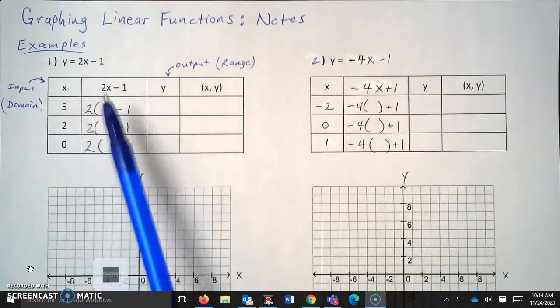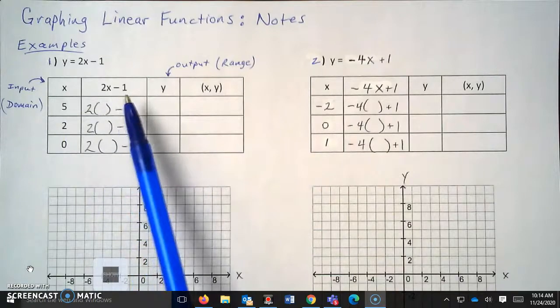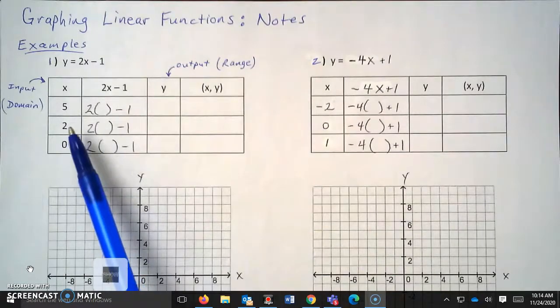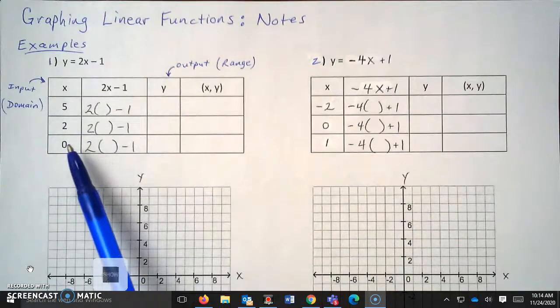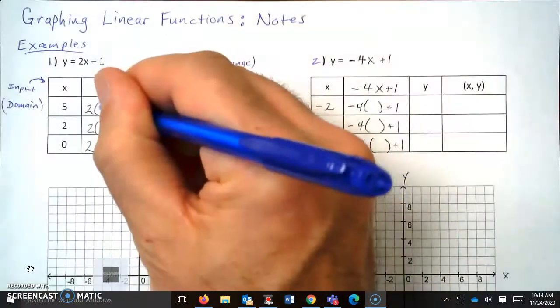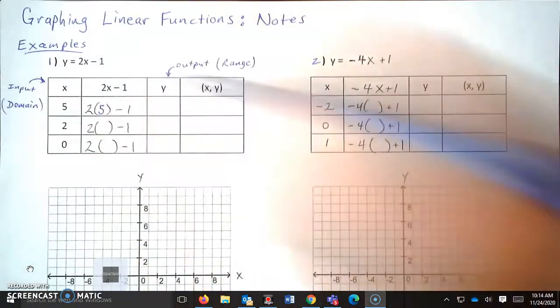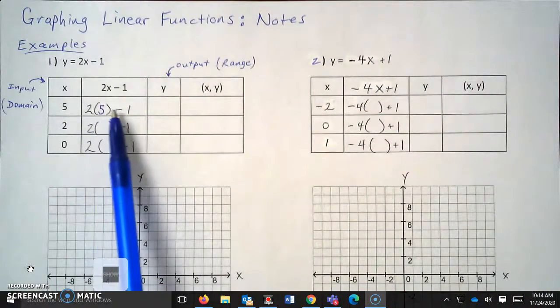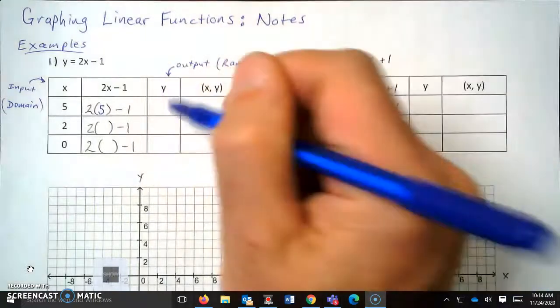So for instance, instead of 2 times x minus 1, I'm going to do 2 times 5 minus 1, then 2 times 2 minus 1, then 2 times 0 minus 1. So I set it up just to save time. I use parentheses for the multiplication, so I'm just going to put the 5 there. And I just do the math. You can use a calculator. 2 times 5 is 10, minus 1 is 9.